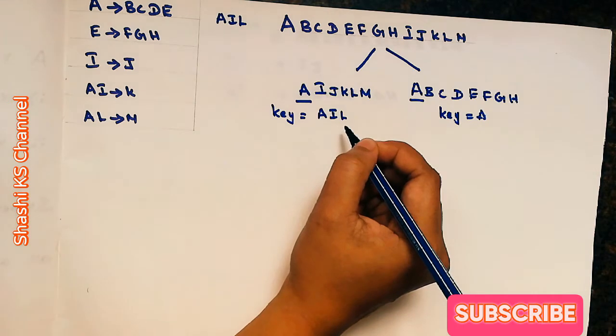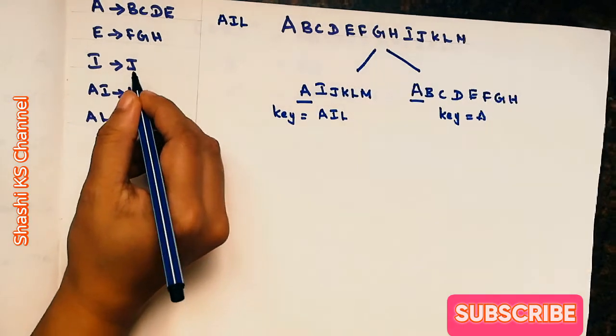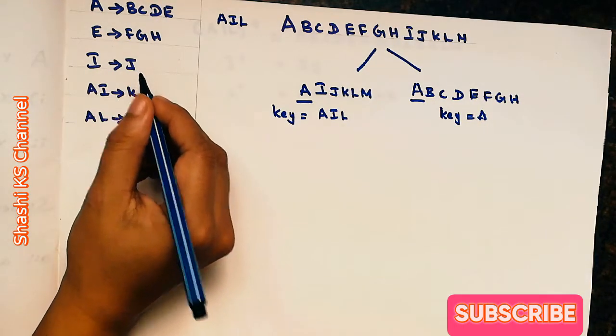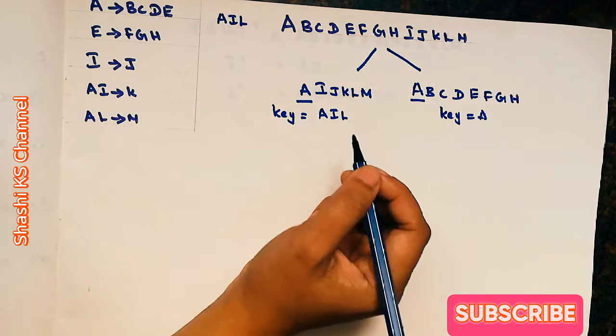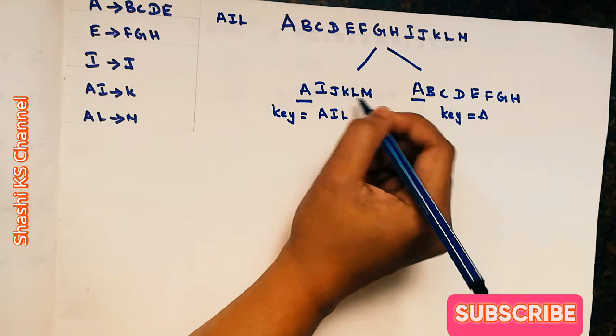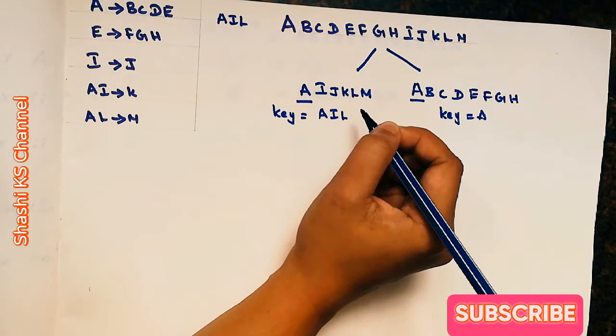Now with I, I can determine J, with A, I, I can determine K, and with A, L, I can determine M. So the key for this relation is A, I and L.